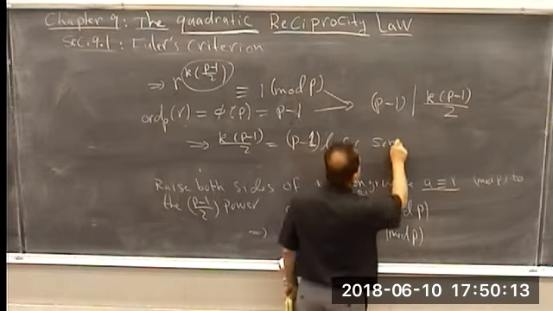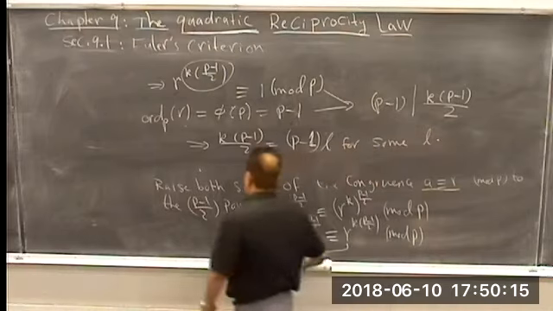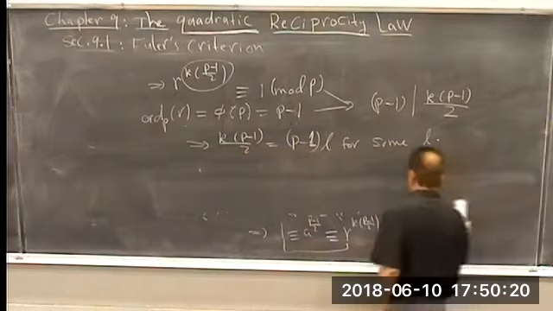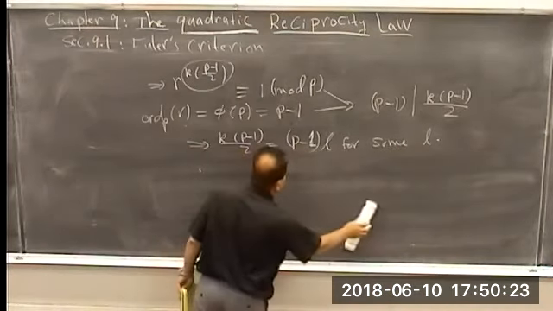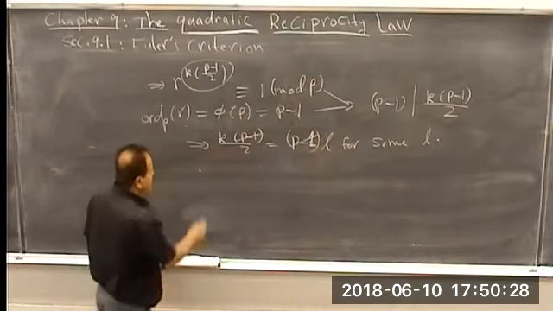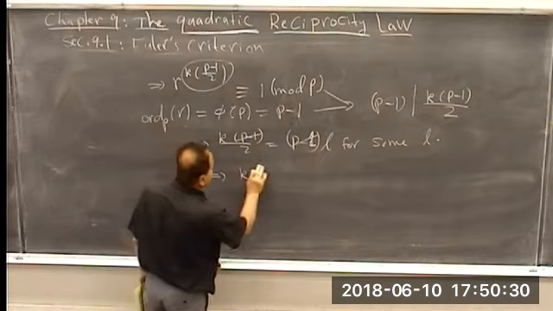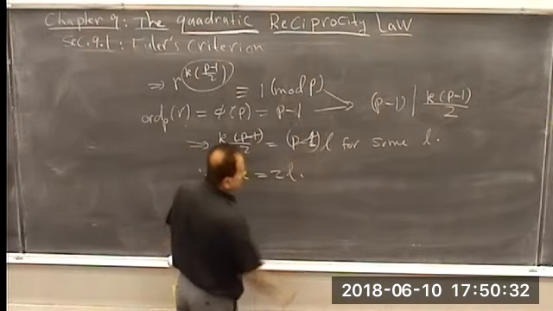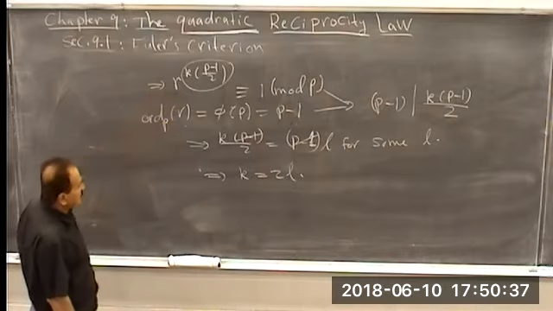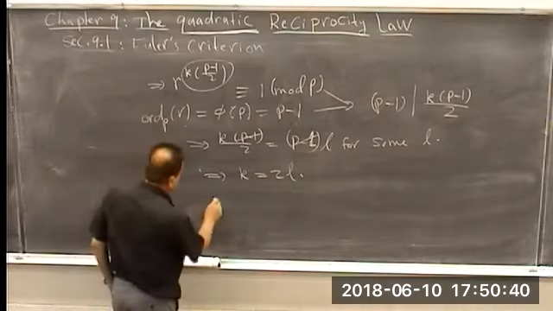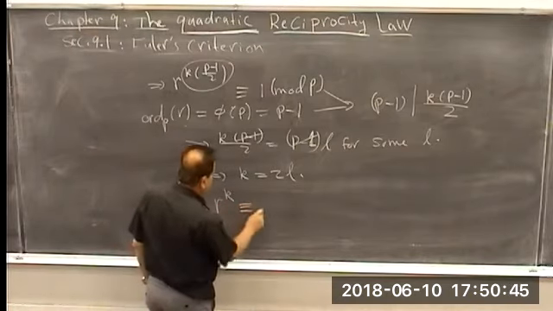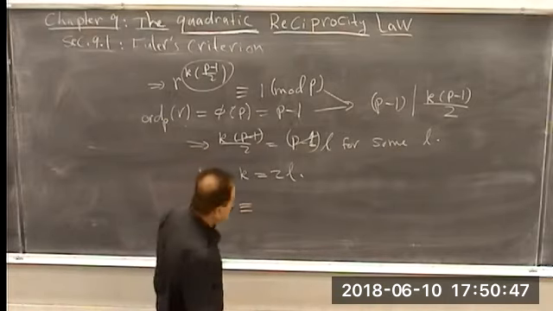Or well, let's simplify this. So we can cancel the P minus 1 from both sides. And this implies that K is equal to 2L. Now let's go back to the original equation in here. So we have R to the power K. We know that this one was congruent to A, right?